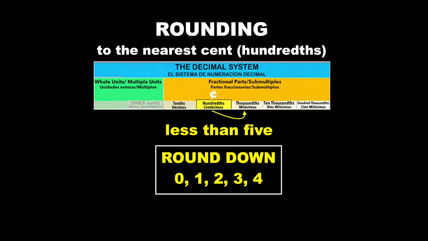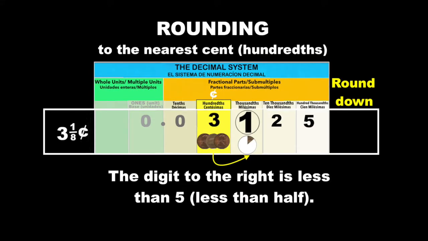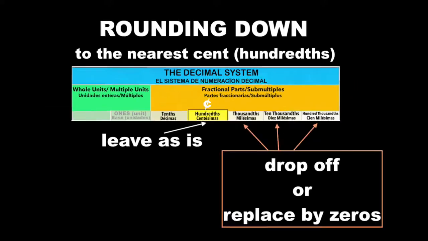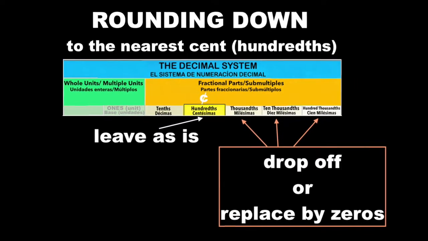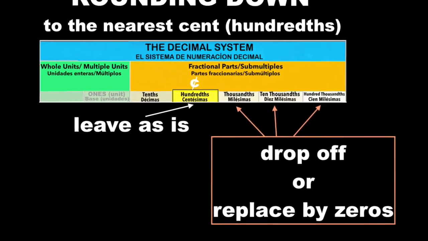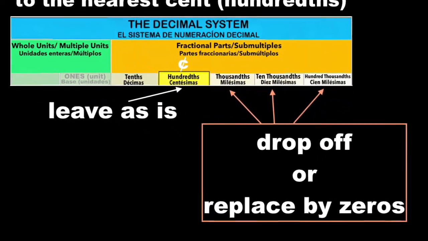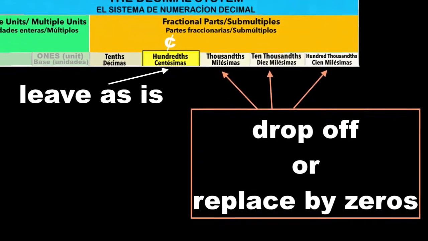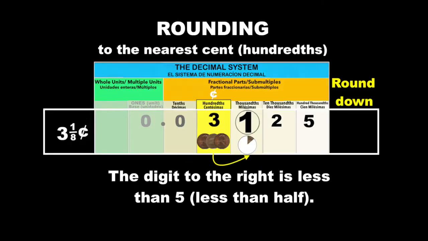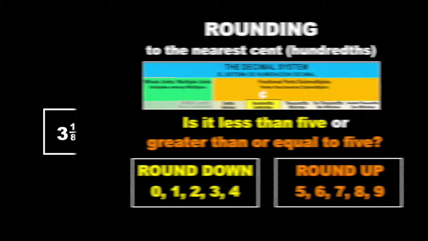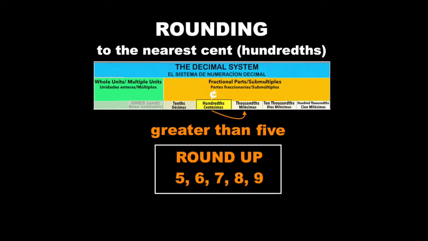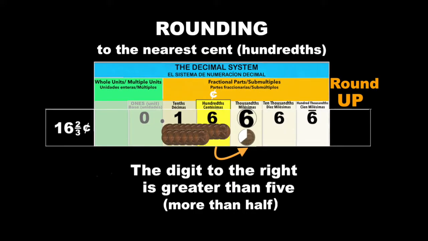Round down if the digit immediately to the right is less than 5. That means the digit on the hundredths place will remain as is, but all the other digits to its right are dropped off or replaced by zeros. Round up if the digit is greater than 5.